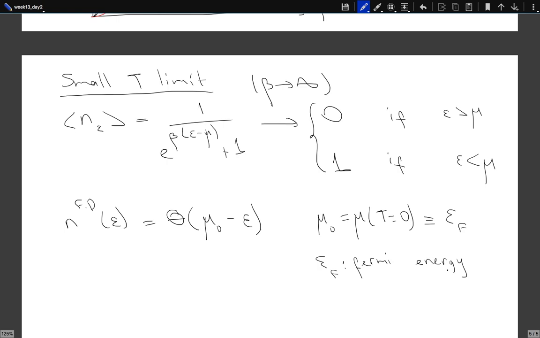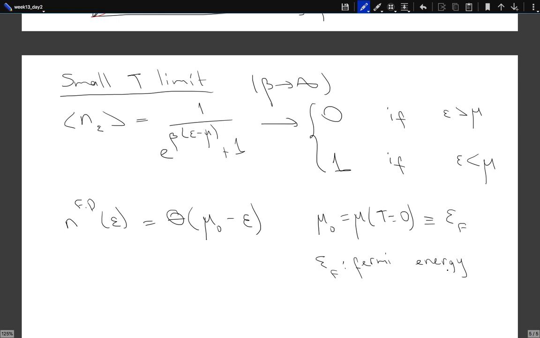And you just start filling your energy levels starting from the ground state, up to a level where you don't have any more fermions left.